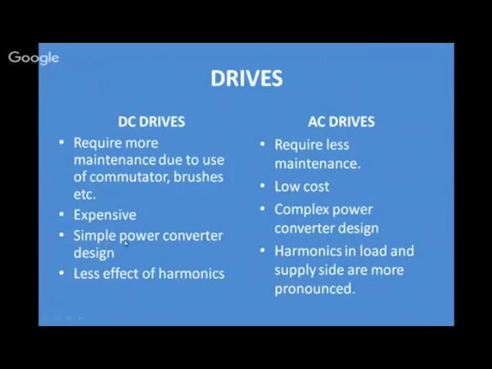Then we have simple power converter design in DC drives. However, in AC drives we have complex power converter design, and DC drives are less affected by harmonics. Mostly the 10th harmonic is prominent in these drives, whereas in AC drives the 3rd, 5th and 7th harmonics are more prominent. So if we are using a variable speed drive for our AC motors, these harmonics affect the life of the machine.